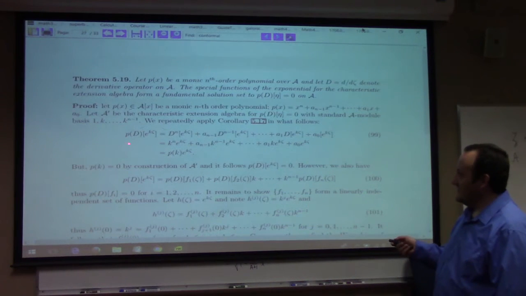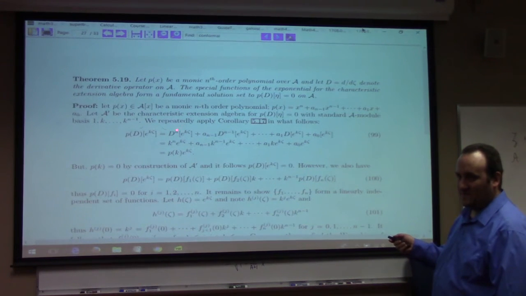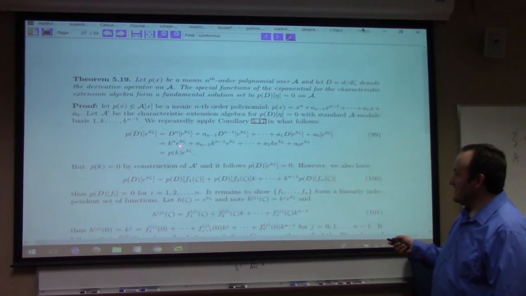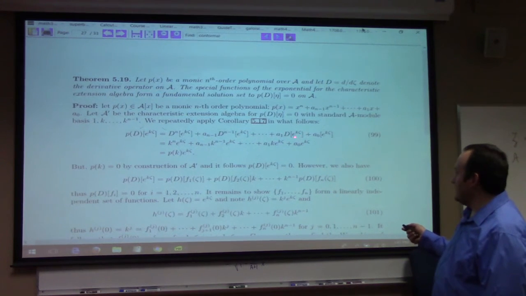See, we take the polynomial, we feed it the exponential, but what does the differentiation operator do to the exponential? By the chain rule, it gives the exponential times the derivative of the inside function. Better to look over here. The derivative of the inside function pulls down the k, and that goes to e.